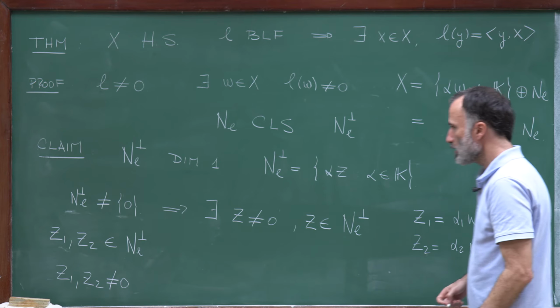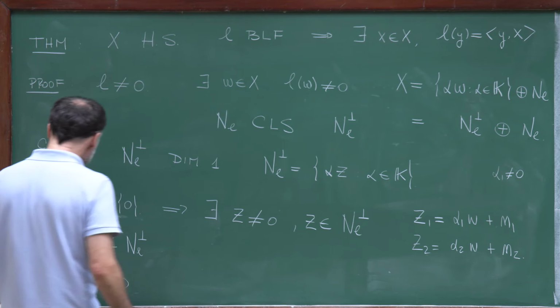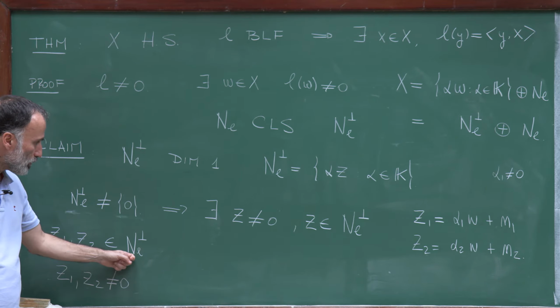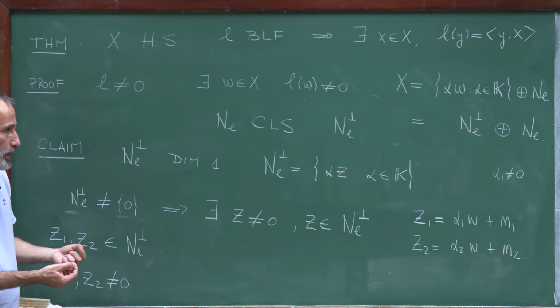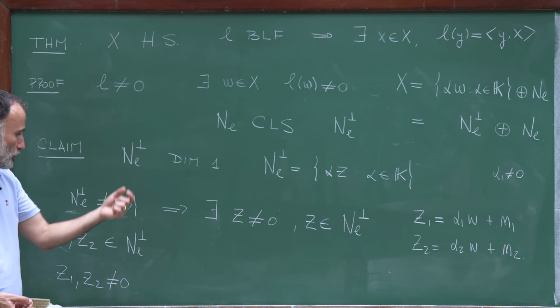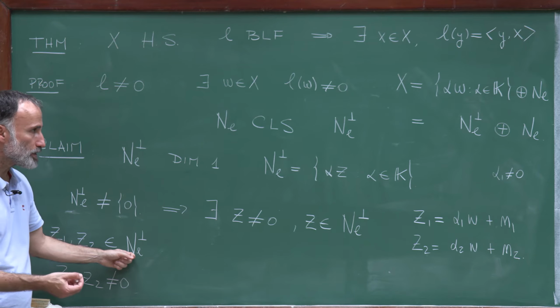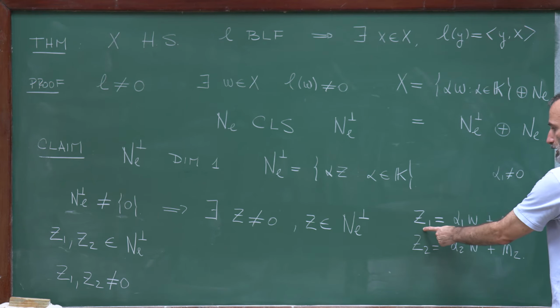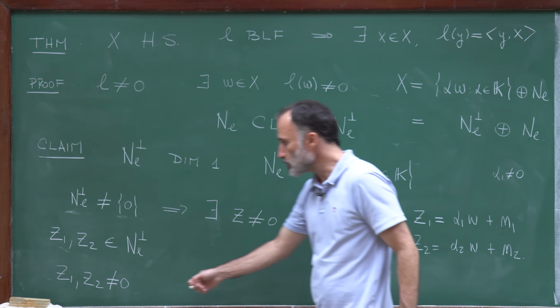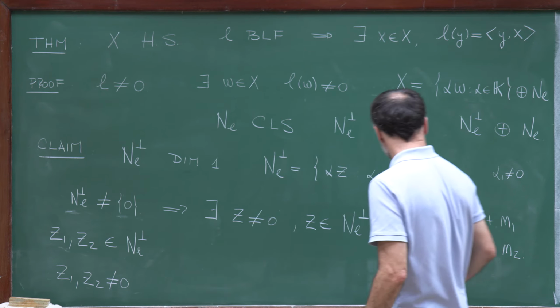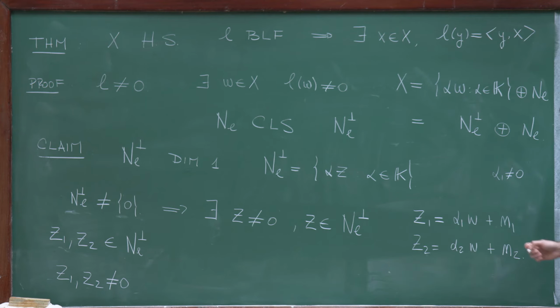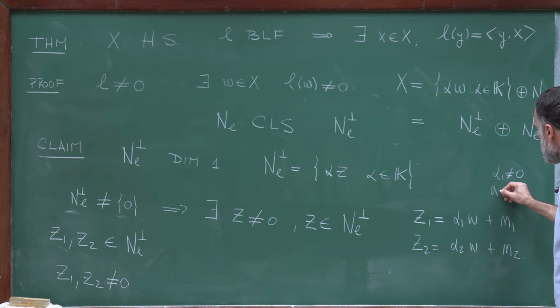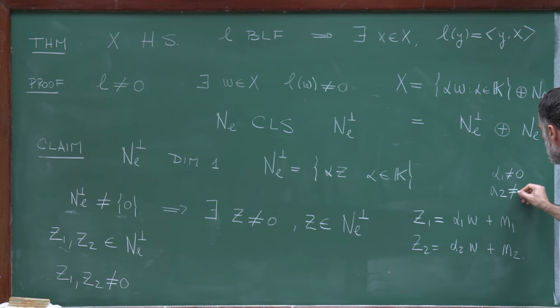But I assume that Z1 is an element of the orthogonal, and the only element which belongs at the same time to the null space and to its orthogonal is 0. So that would lead to the identity that Z1 is 0, but I assumed that Z1 is different from 0. So I know in this decomposition that alpha 1 is different from 0, and the same thing for alpha 2. Alpha 2 has to be different from 0.